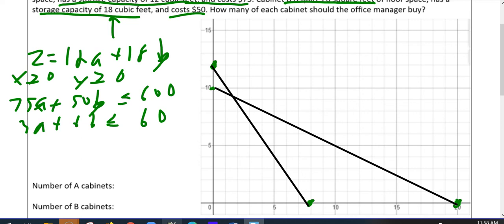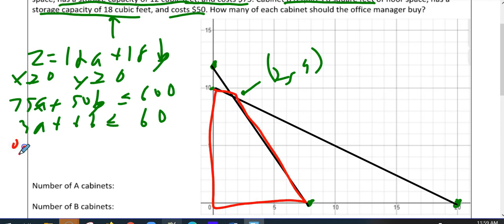Looks like I have an intersection right there at 2, 9. Both of these are going to be underneath, so this is right here. 0, 0, 0, 10, 2, 9, and 8, 0.